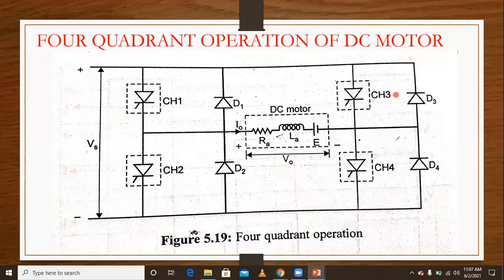The polarity of the load EMF must be reversed for this quadrant operation. Am I right?